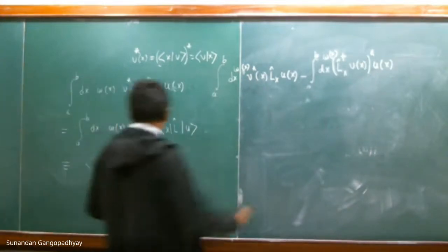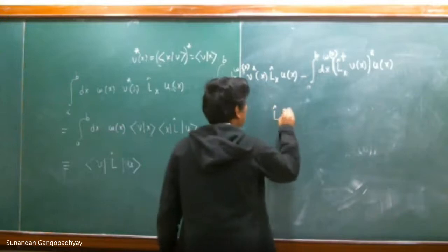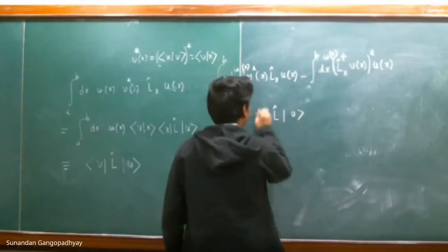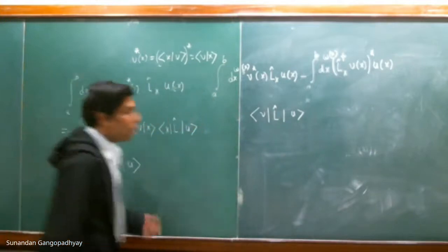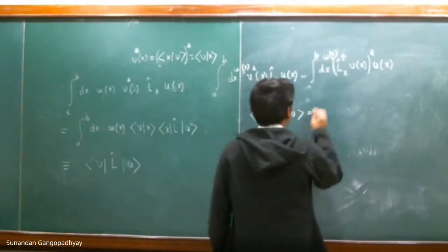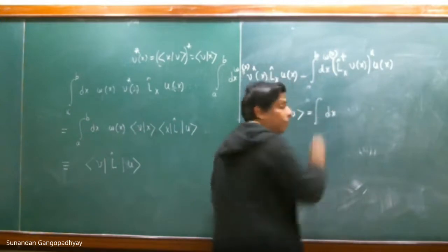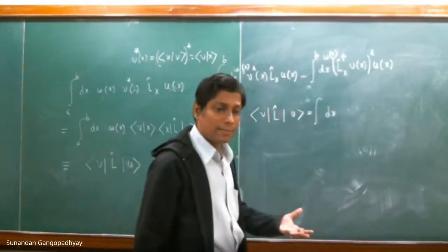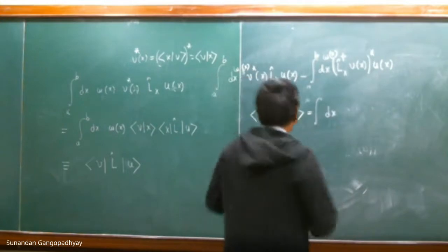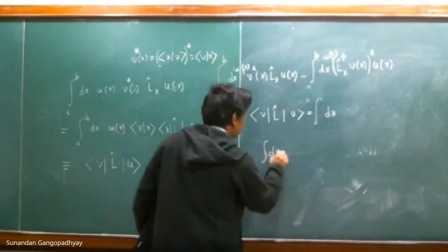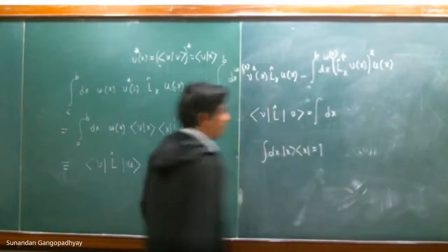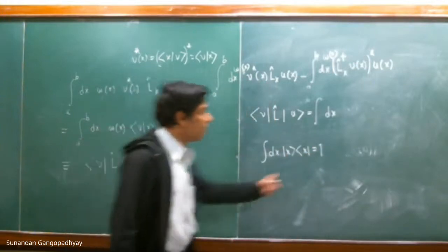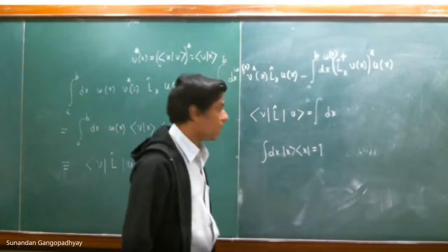In quantum mechanics, suppose you have bra v L hat ket u, which is this expression. So how can you write it? You can basically introduce a complete set of position eigenstates, right? And what does that mean? Basically, you are introducing something like this. This is a completeness relation involving the position eigenstates.